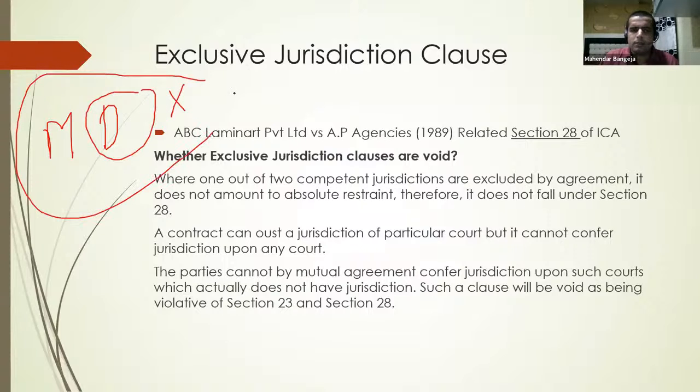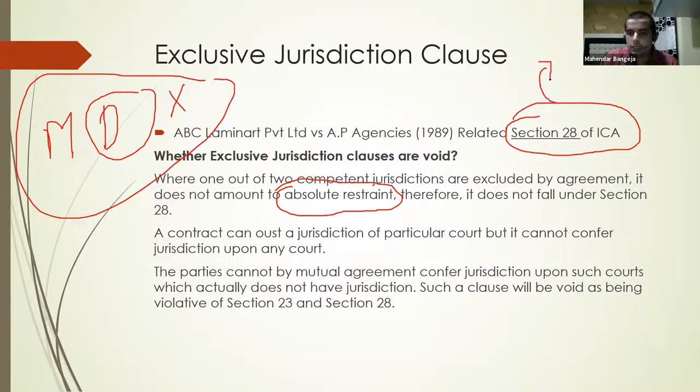then it is permissible. It is not void, it is valid because you are not absolutely restraining a person. Section 28 of the Indian Contract Act says that every contract is void if it restrains legal proceedings. That will not apply because this is not an absolute restraint. Clear? But things get trickier.